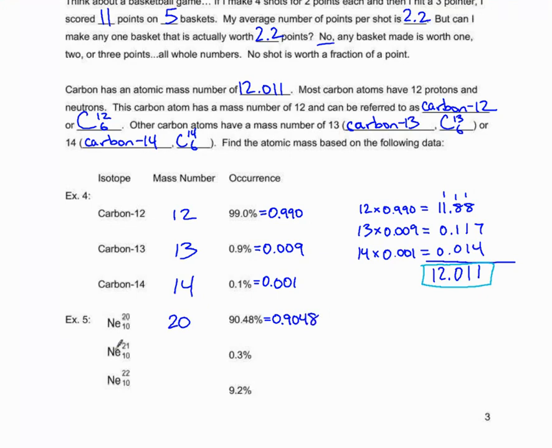Then we have neon 21. Mass number is 21, and it shows up 0.3% of the time, which is 0.003. We have neon 22, and it shows up 9.2% of the time, expressed as a decimal, 0.092.